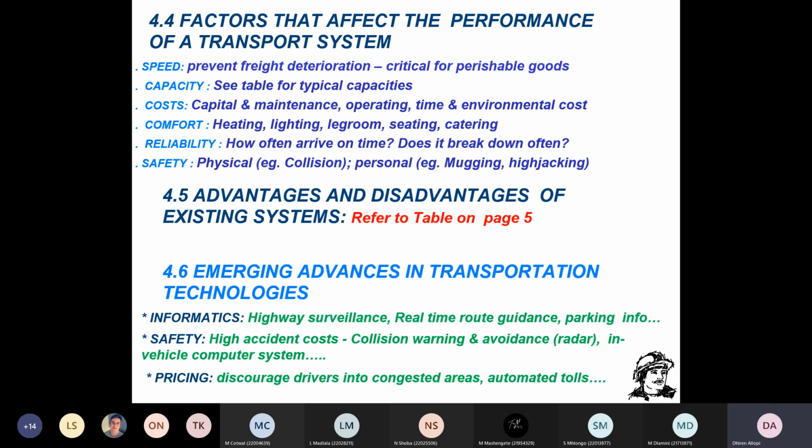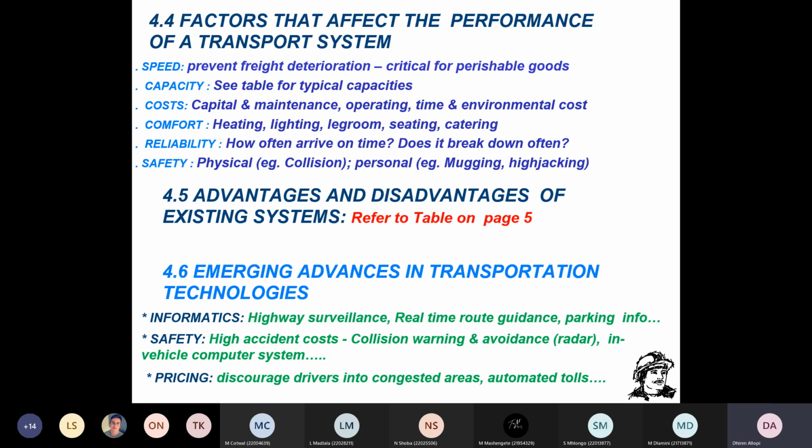So there were various techniques and means that were adopted to try and discourage drivers getting into these congested areas like your central CBD and so forth. So for example, the on-street parking meters could be much higher in the congested areas compared to the outskirts.